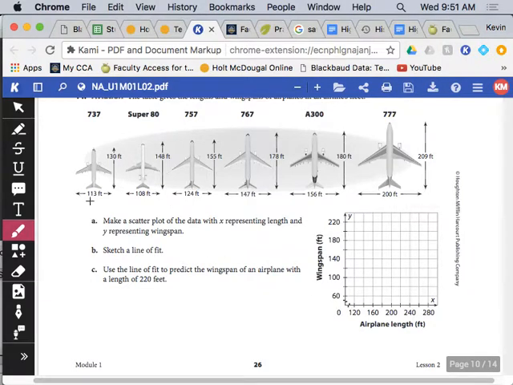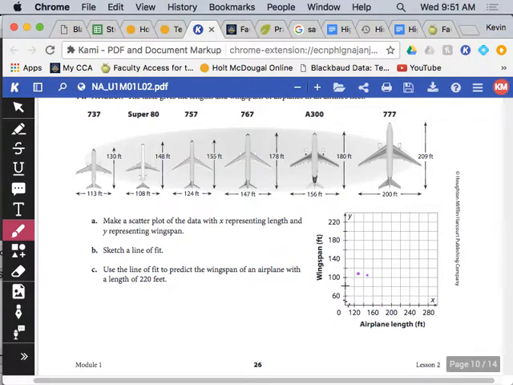The first one, the length is 130, the wingspan is 113. So if we look at this, here's airplane length in feet, wingspan in feet. They both go up 20 with each tick, right? All right, 113. The length is 130, and the wingspan is 113. So it's about here. Okay. Next is 148 and 108, which is about here.